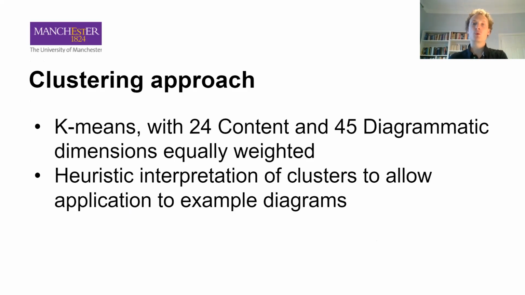So in terms of then what to do with this large volume of data, we have 24 content and 45 different diagrammatic dimensions. So we can consider each diagram that we've extracted to be within this sort of 69-dimensional space. Can we use k-means clustering to see which ones are more similar in that sort of sense? So this kind of k-means clustering is very common when you're trying to classify things within machine learning generally.